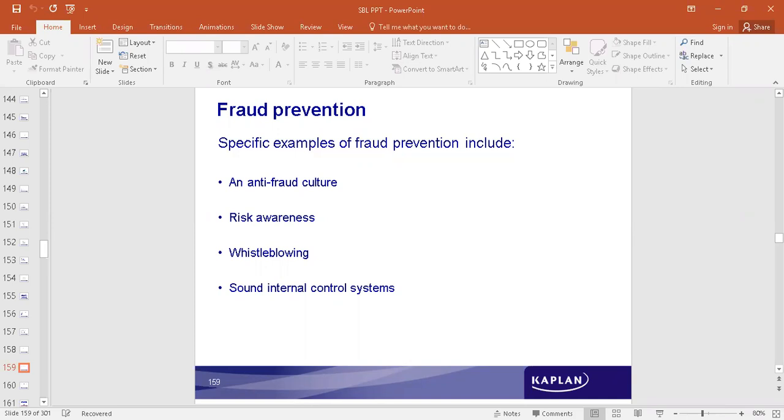Have a sound internal control system which is very effective to identify fraud. We did study about the components. Thoroughly, the internal environment should be studied. Then the risk is calculated. The second component is risk assessment. How to calculate?